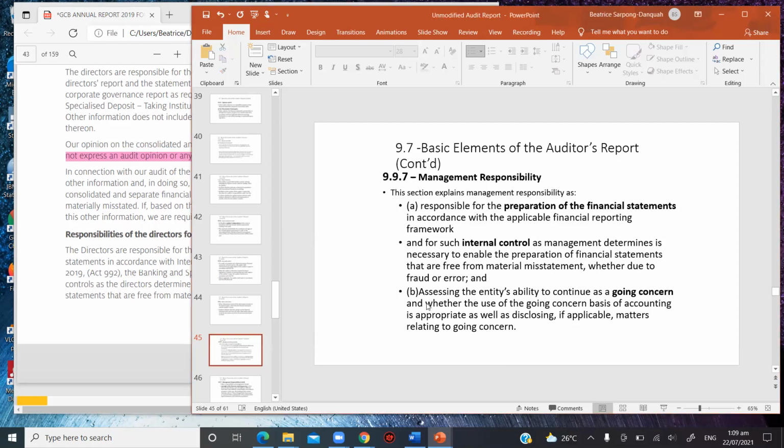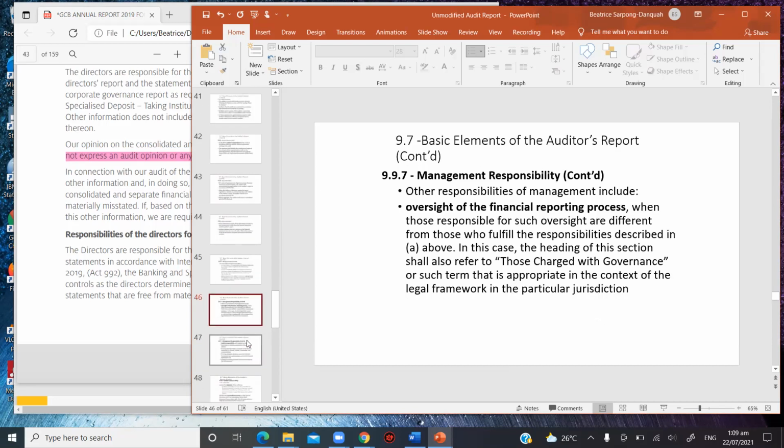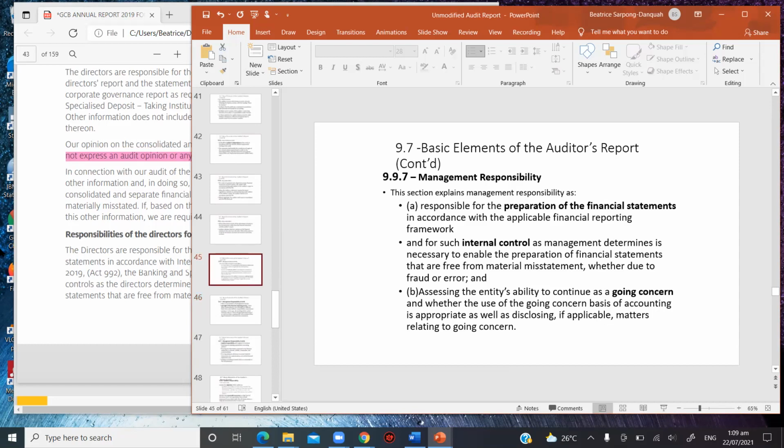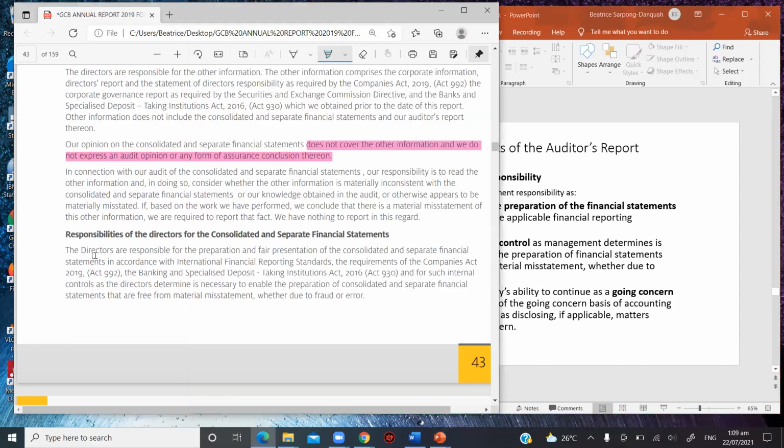And also, he'll tell you that it is the management who is responsible for assessing the entity's ability to continue as a going concern. So assessment of the going concern is also the responsibility of management. So let's find out from here. The directors are responsible for the preparation of the financial statements.